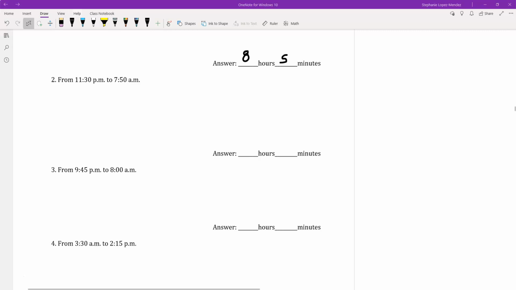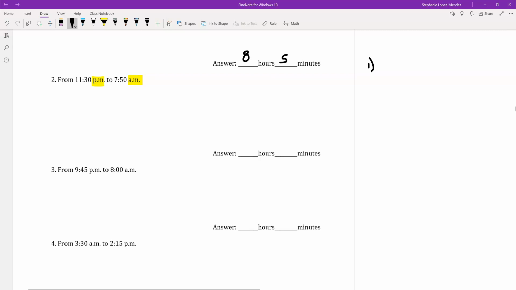Now let's go to our problem number 2. In this case, we have from 11:30 p.m. to 7:50 a.m. So first thing we need to do is to find what happened first and what happened later.